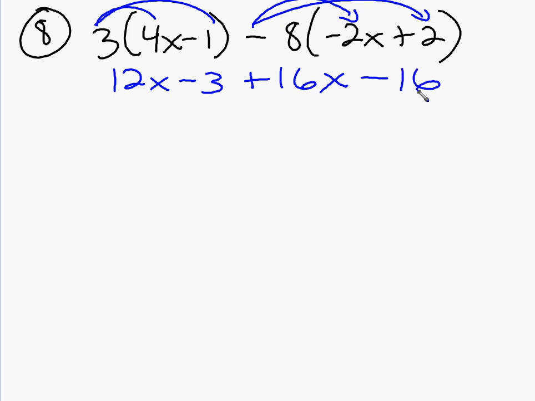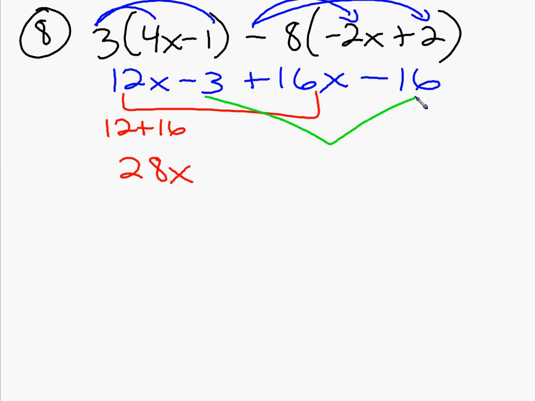I need to combine my like terms, I have an x term here and here, so I just have 12 plus 16, which is 28x. And then I have like terms here and here, which would be negative 3 minus 16, which is just what? No, it's not 13. It'd be negative 19. My signs are the same, so I would add the numbers, keep the sign.